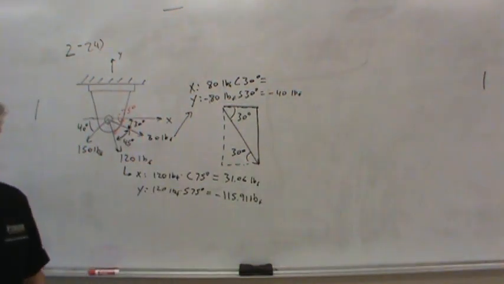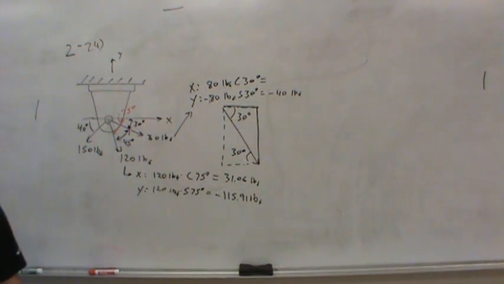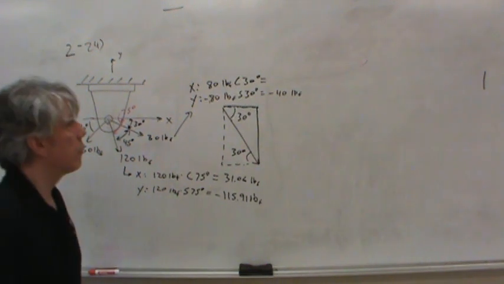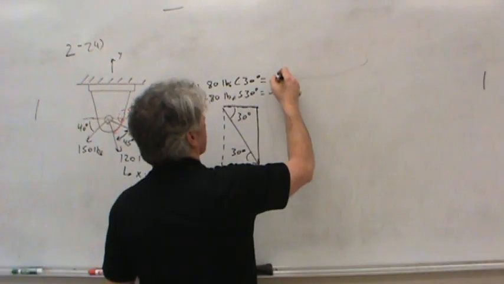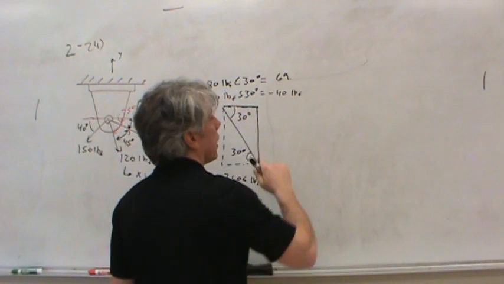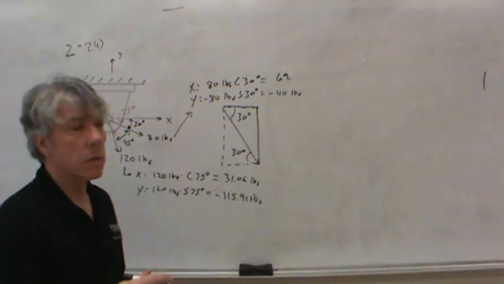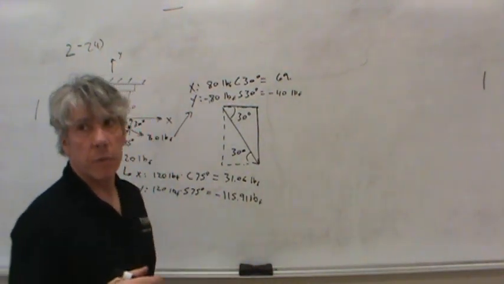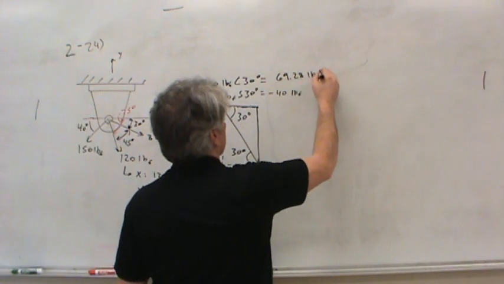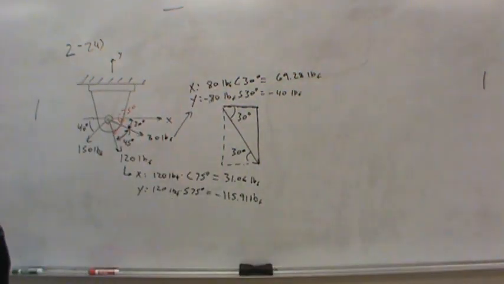The sine of 30 is a half, if I remember right. 80 pounds times the cosine of 30 is 69 point, wait, what? 69 point what? Just give me a couple of significant figures, we'll figure it out later. 69.28. You'll see why I've kept a couple of significant figures here in a second.